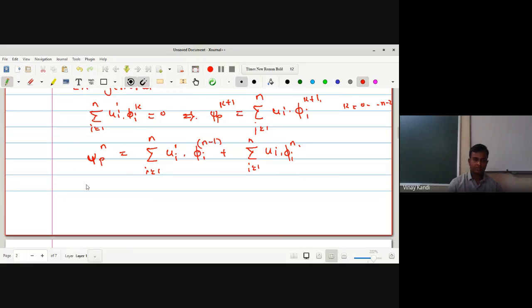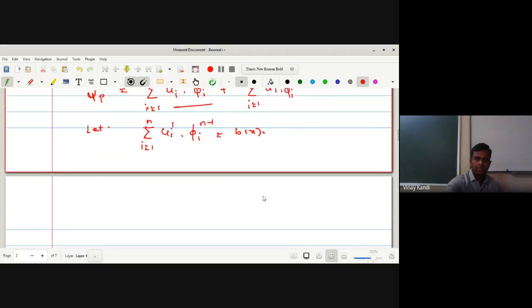Now let this term be b of x. OK. Here we have the non-homogeneous equation. Hence summation I equal to 1 to n, ui dash into phi I raised to n minus 1, is equal to b of x.